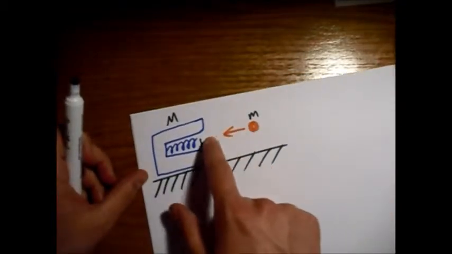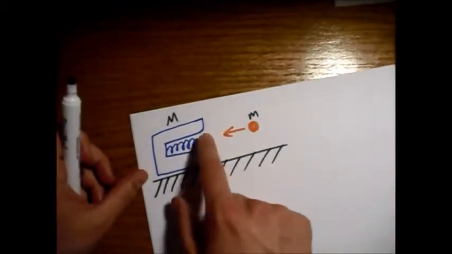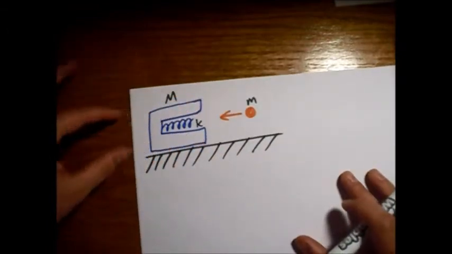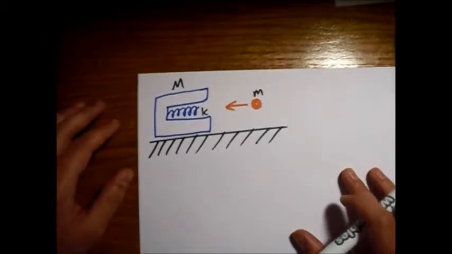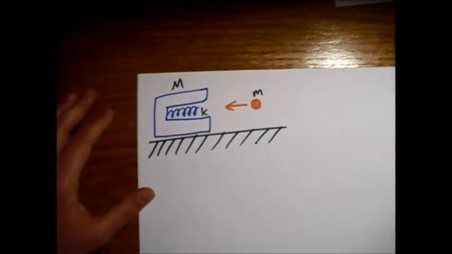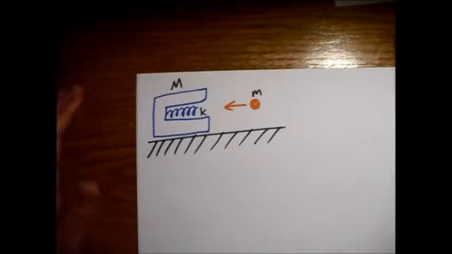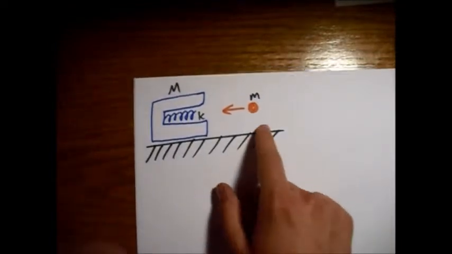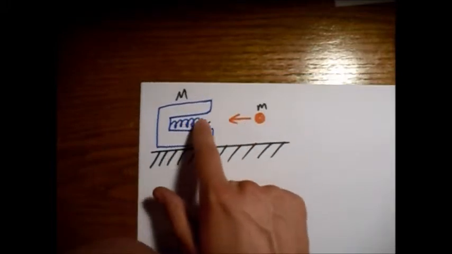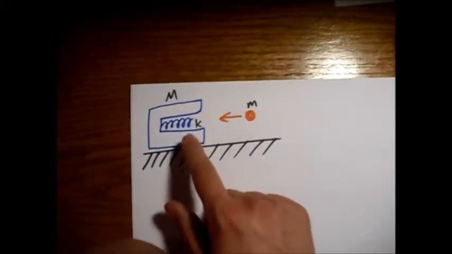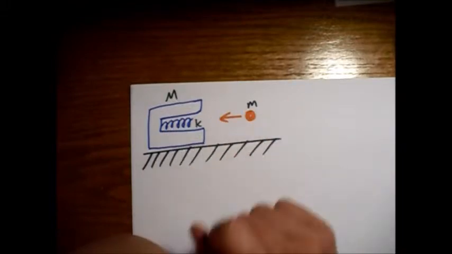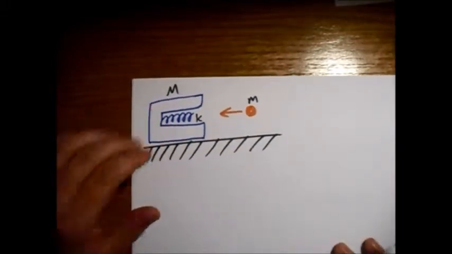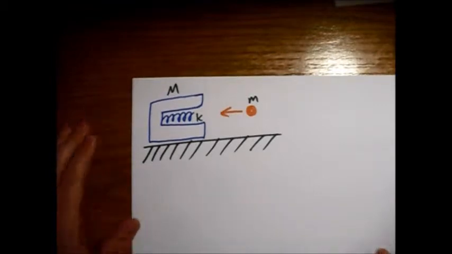As the mass comes in and hits the spring and begins to compress it, the large mass will start sliding along this frictionless plane, and eventually this small mass is going to rebound out, or back the other direction, at least relative to the large mass.